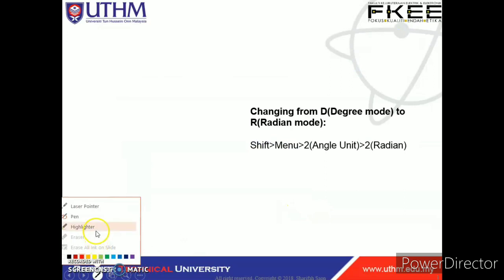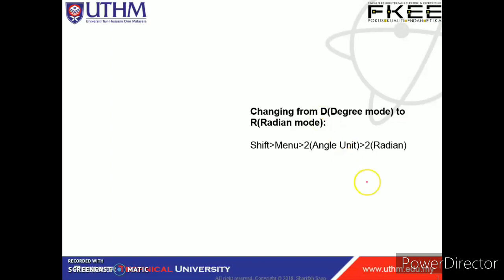Okay, before we start, we need to change the mode. If your calculator is in degree mode, we need to change to radian mode so that we can use the pi without changing it into 180 degrees.